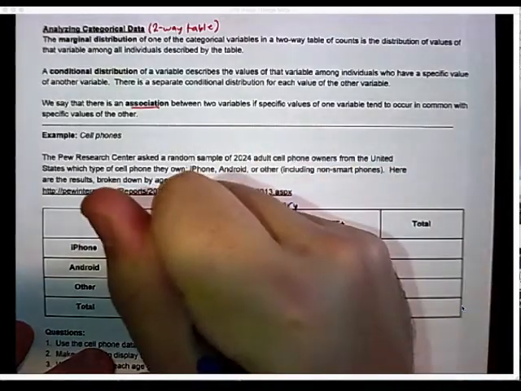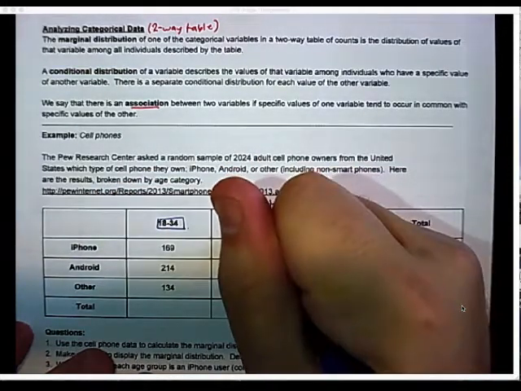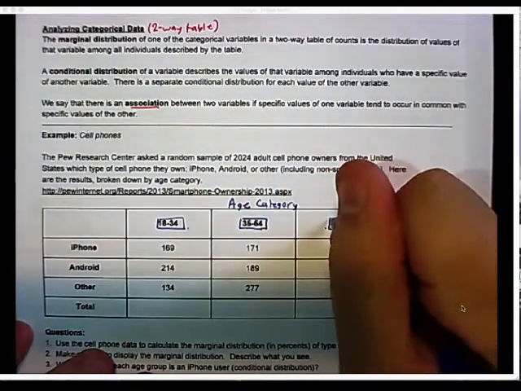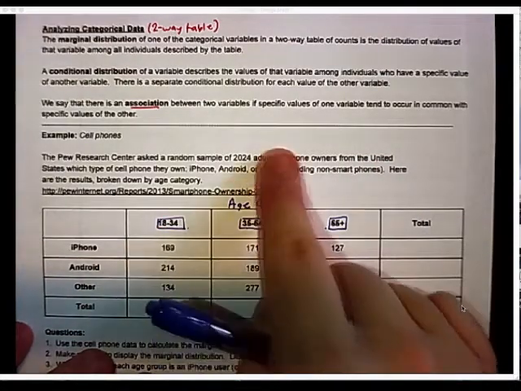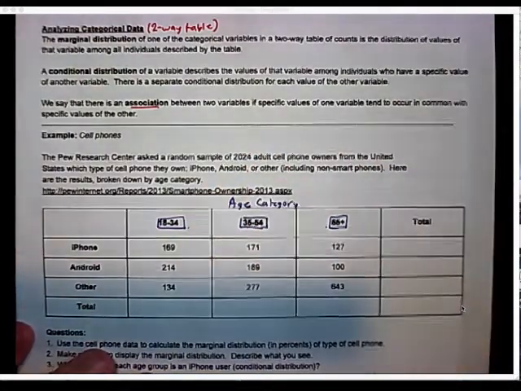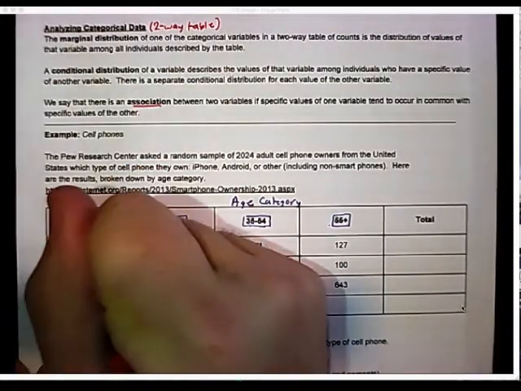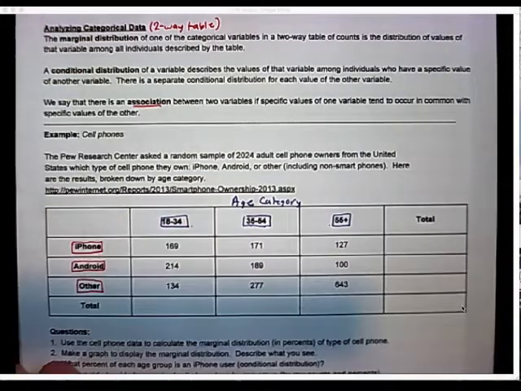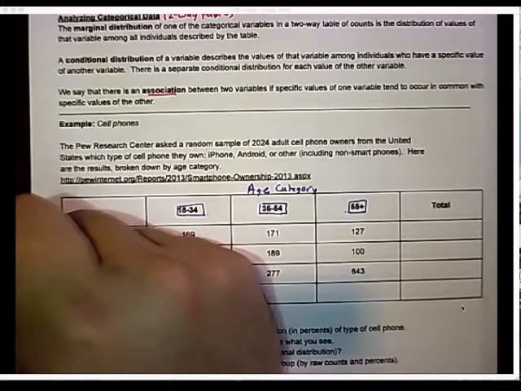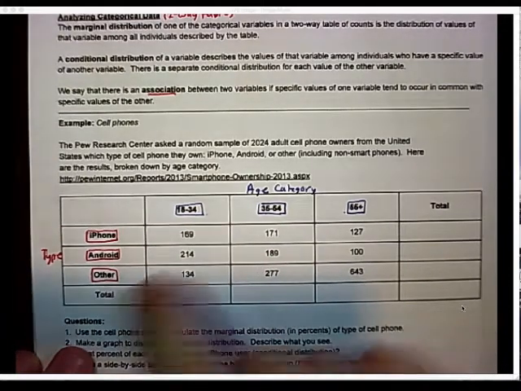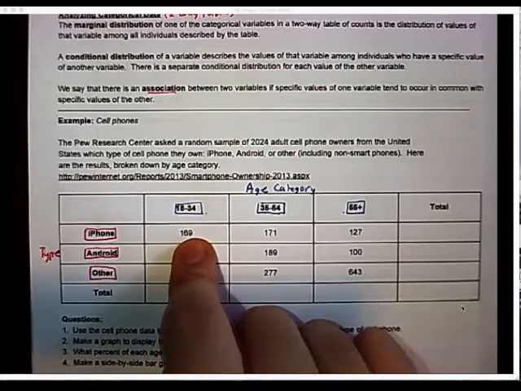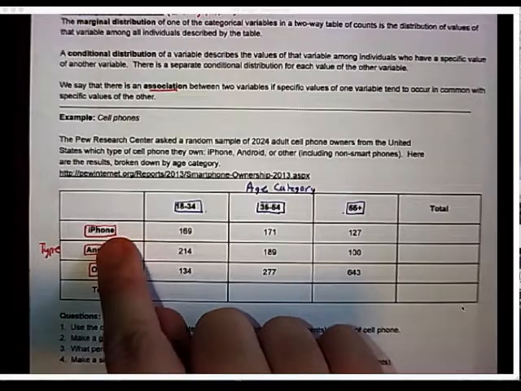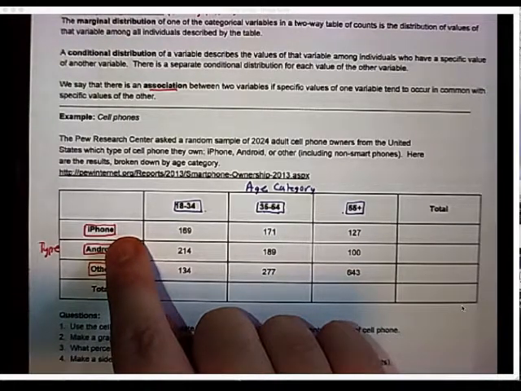People fall from 18 to 34, 35 to 54, and 55 plus. The reason we don't see anything less than 18 is because we're only concerning ourselves with adults. And over here, these are more categories, but this is by type of cell phone. So for example, there were 169 people aged 18 to 34 who had an iPhone in our sample.